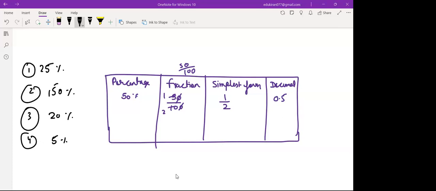Clear? All these 4. Okay? These are the first, second, third, and fourth.